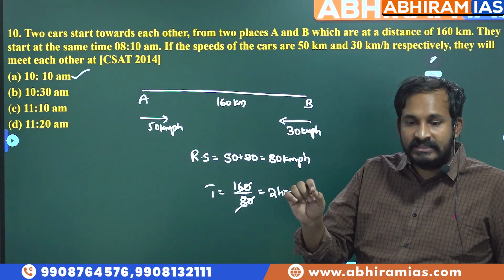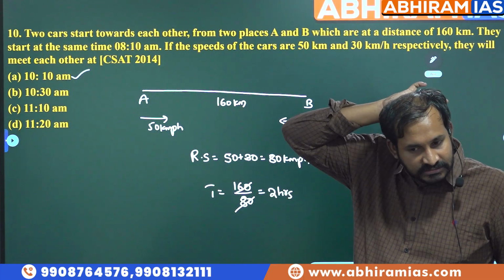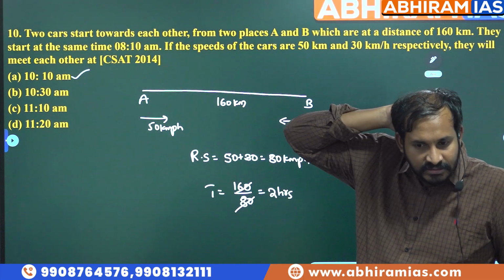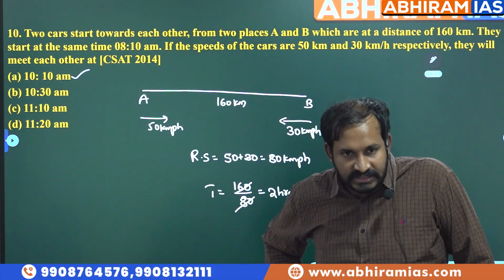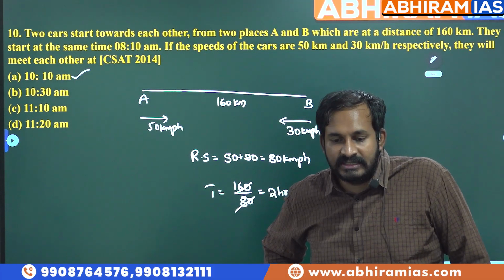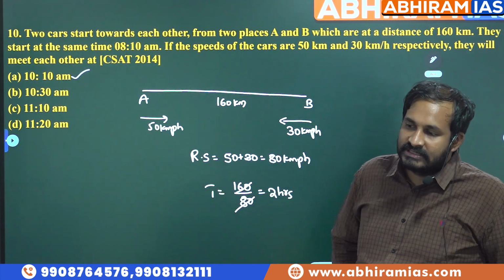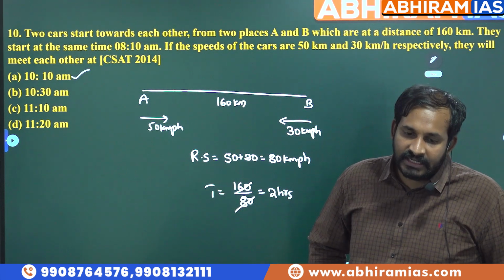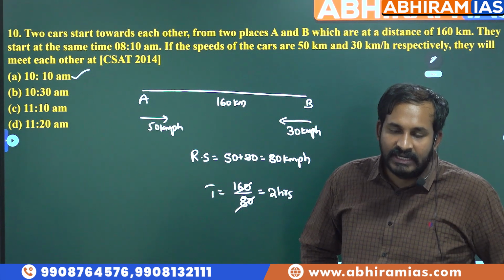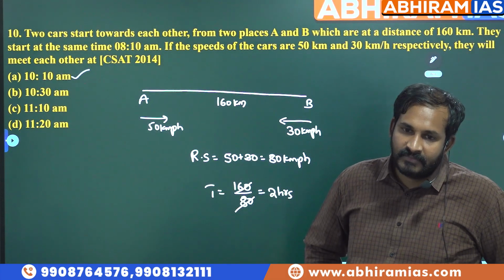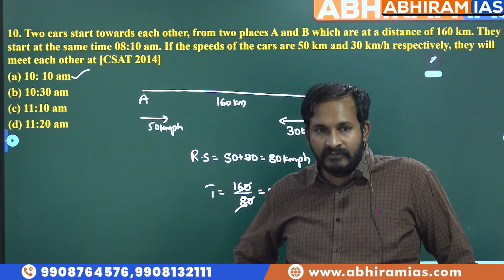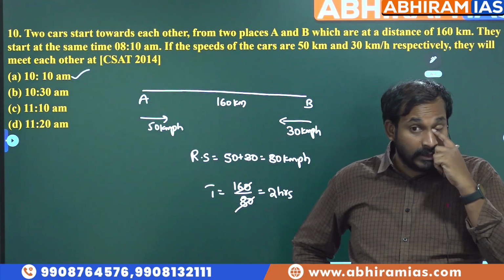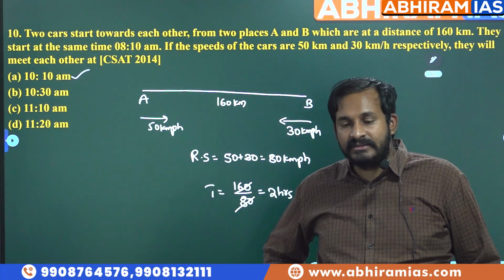Next, another train starts at 8 a.m. from Amritsar and reaches Delhi at 11:30 a.m. Full stop.